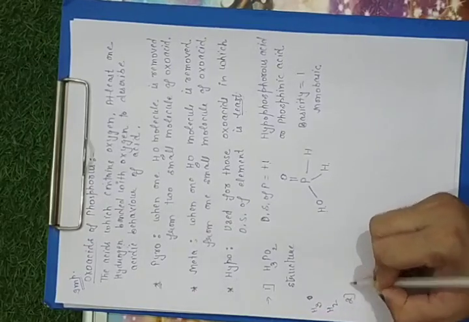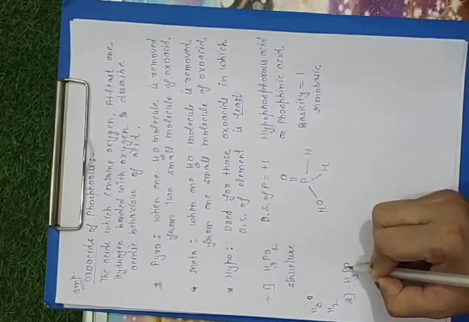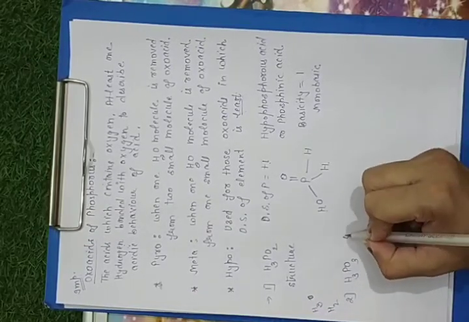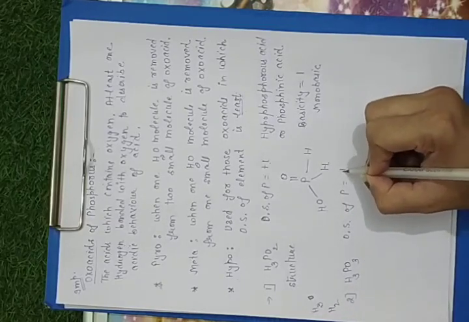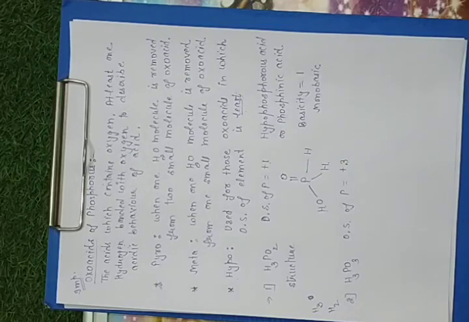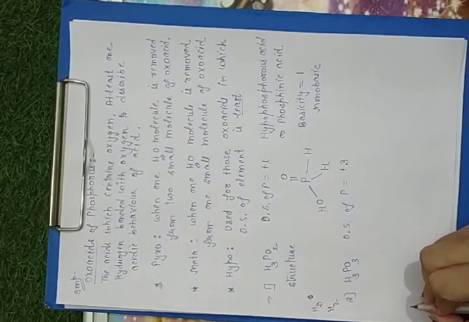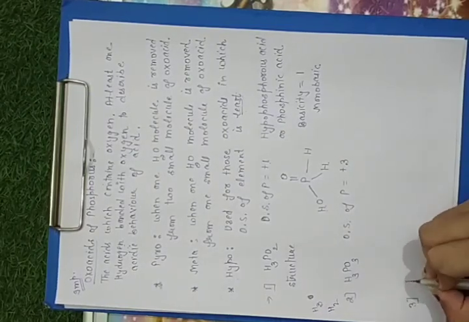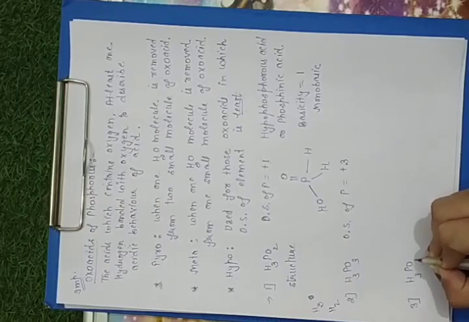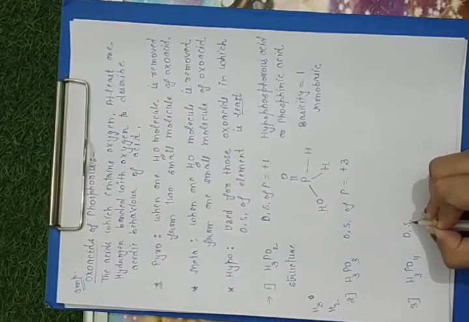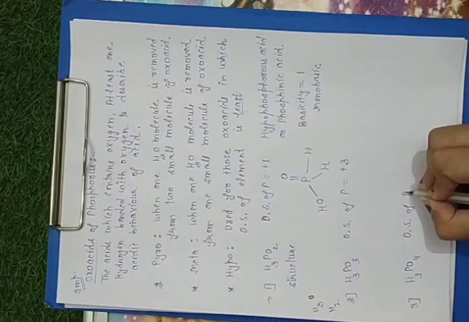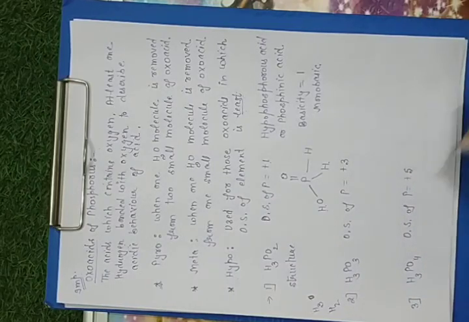Next one is H3PO3. Now the oxidation state of phosphorus, if you calculate, is +3. With it we discuss another oxoacid, that is H3PO4, and here the oxidation state of phosphorus is +5.